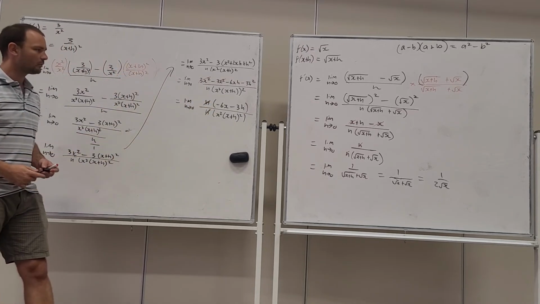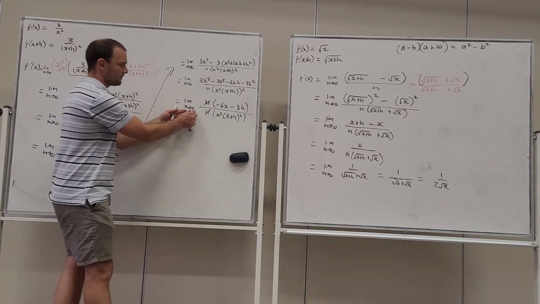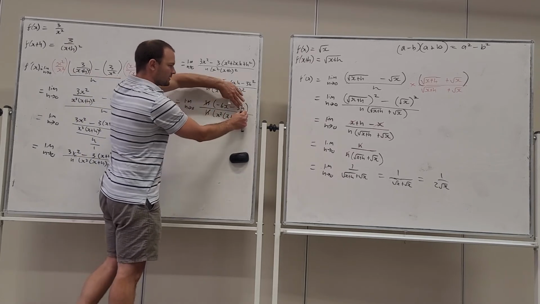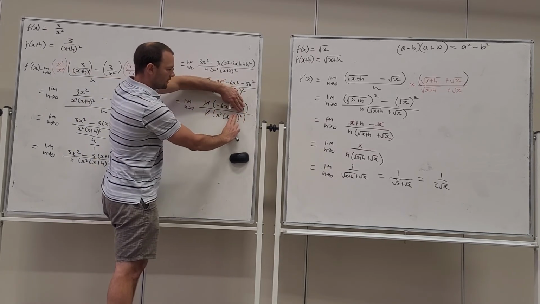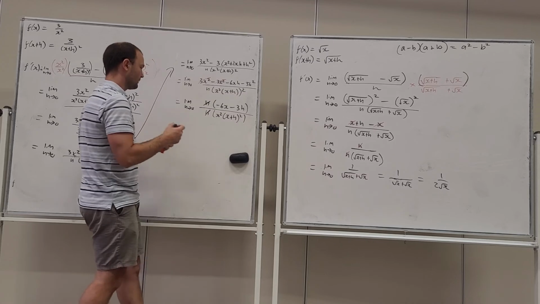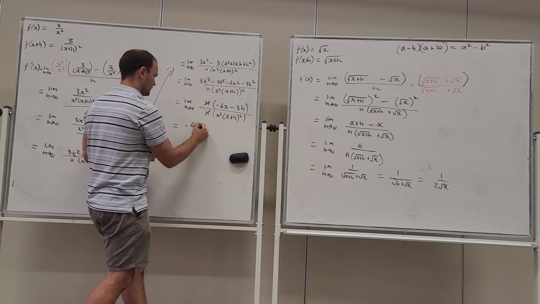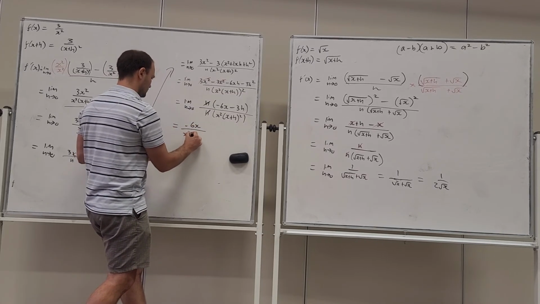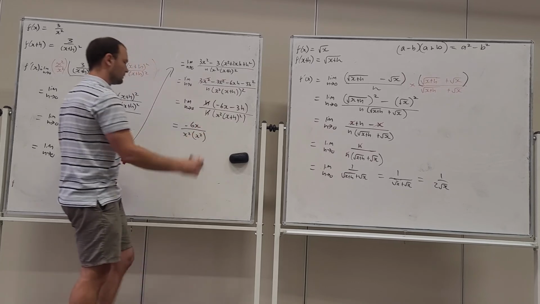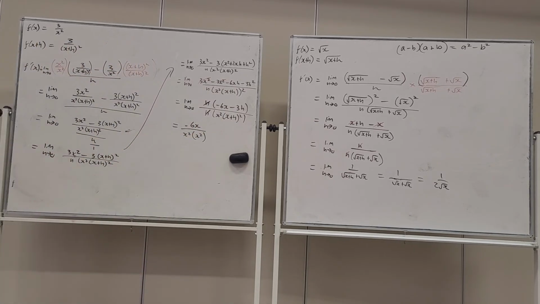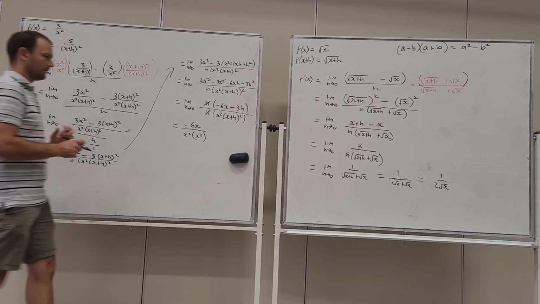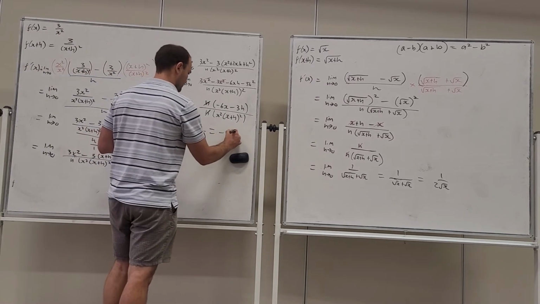Alright, and then we can apply the limit. We're substituting 0 where the h is. So that term's going to 0, so is that part. Let's write what we will have. Minus 6x on x squared times x squared, and we can just simplify this using index laws.